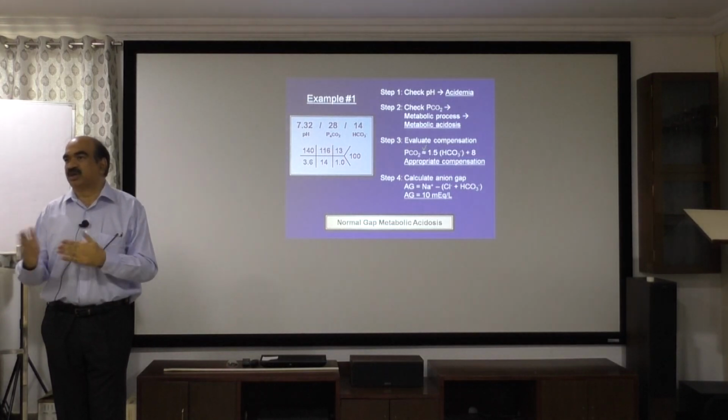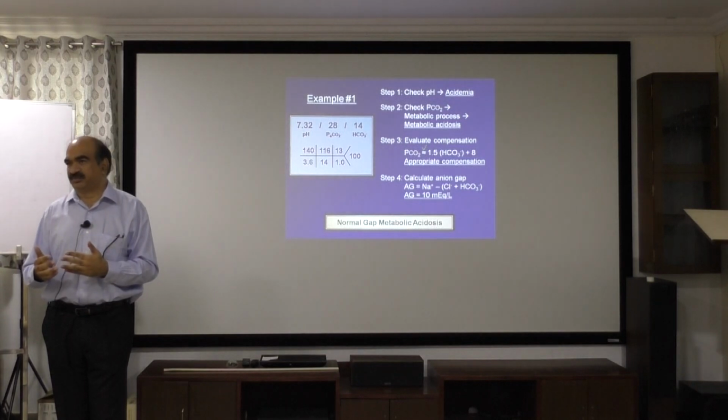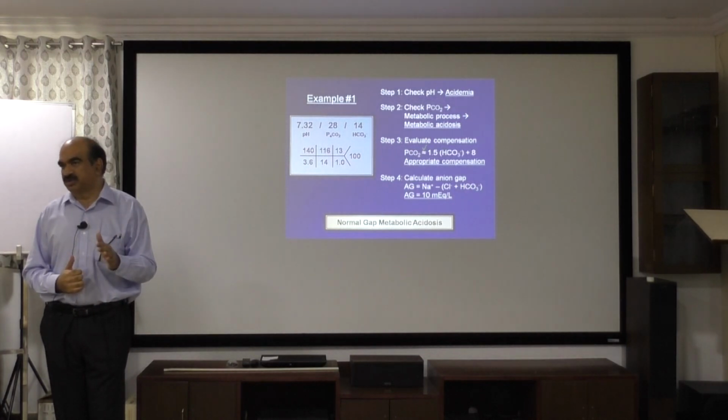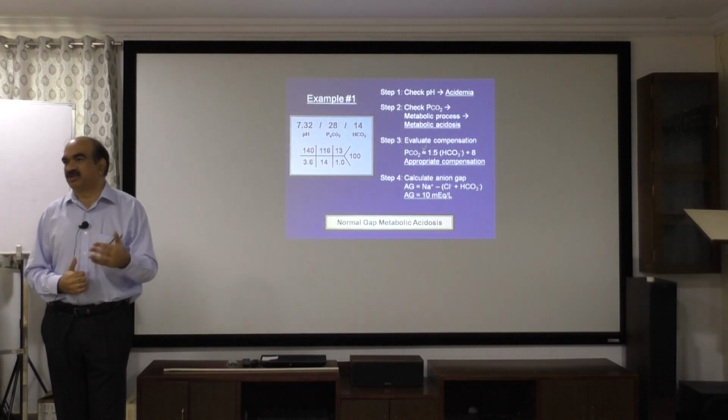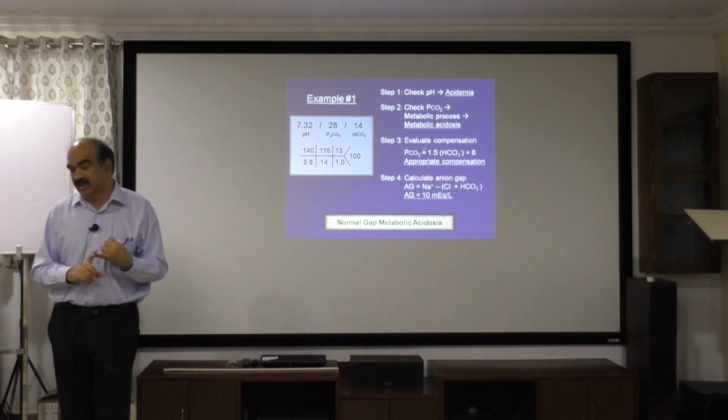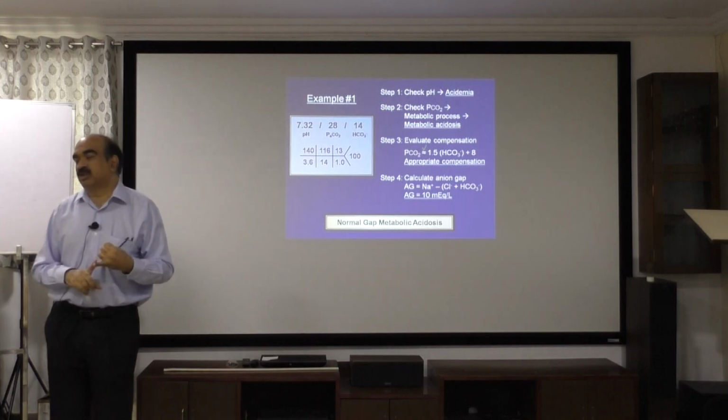Another cause, renal tubular acidosis, especially proximal renal tubular acidosis, type 2 RTA: bicarb reabsorption is affected, with loss of bicarb. So one mechanism is loss of bicarbonate.